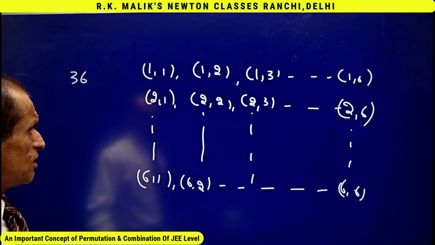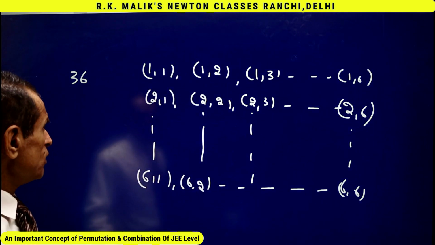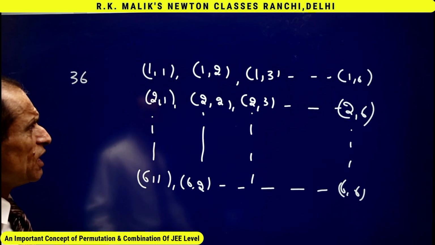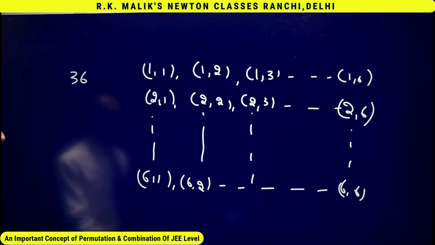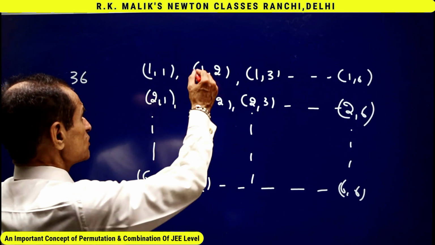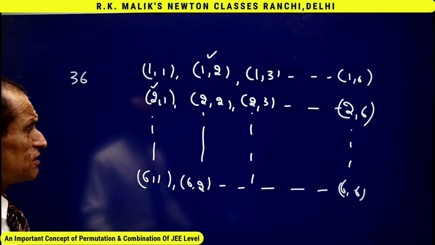Clearly these 36 outcomes are possible when I throw two different dice. But if I ask the same question, how many possible outcomes are there if I throw two identical dice? Obviously, in the case of identical dice, this case and this case will not be different cases.